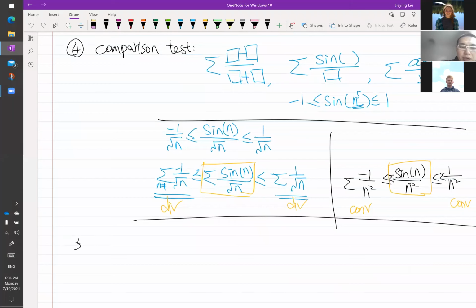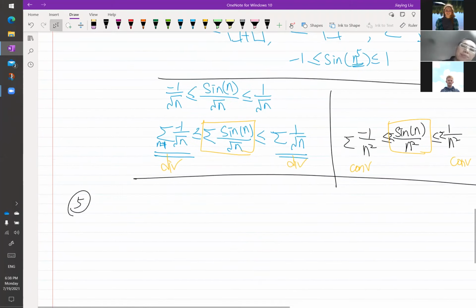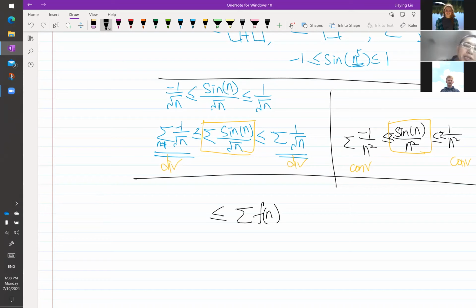I just had a quick question on that. If there's a function that's bigger than the one we're looking at and it's convergent, does that mean the function we're looking at is also convergent? No. If you have a series that's bigger than this convergent series, the smaller one is convergent, but the big one we don't know.